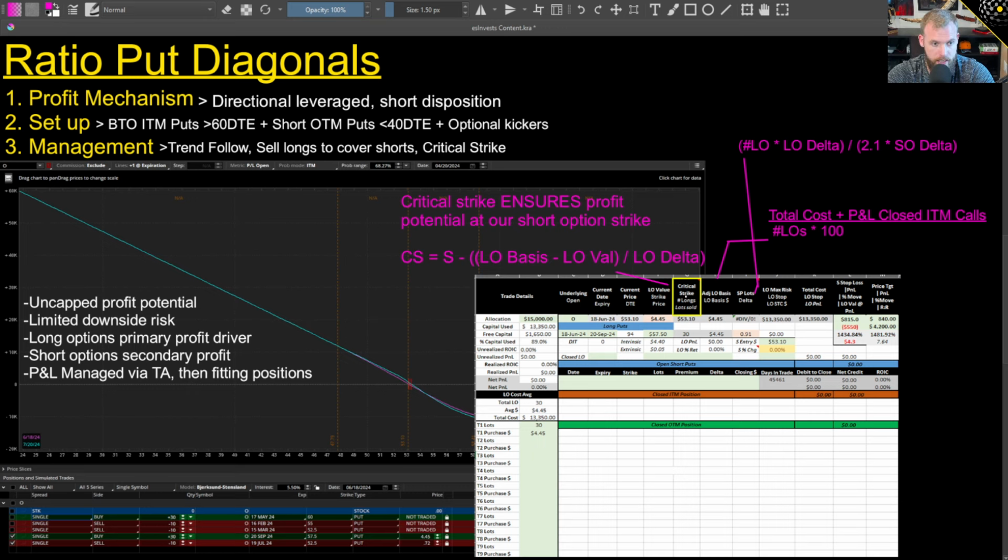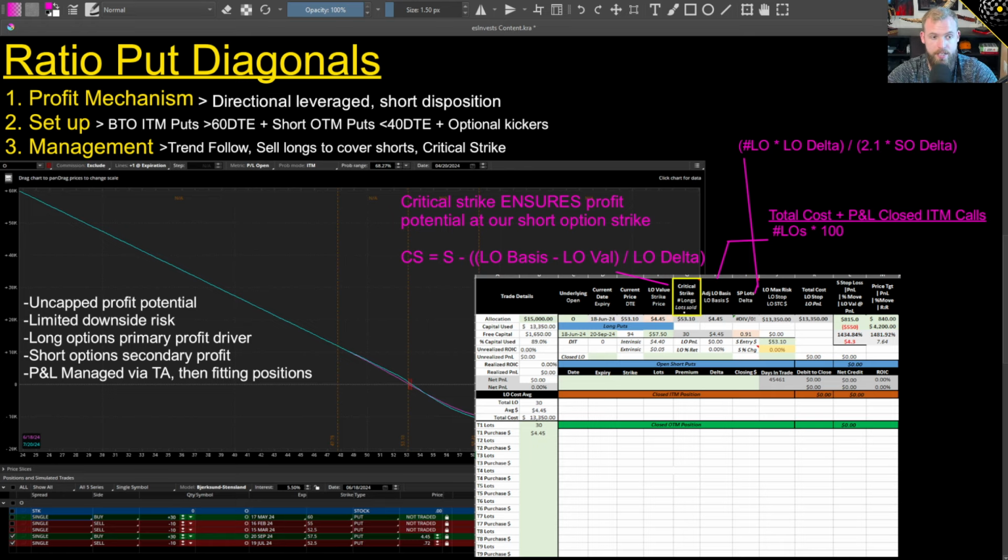The critical strike tracks the overall position so that we know where we can sell short puts against the longs without potentially locking in a loss. That's the purpose here. At the beginning of the trade, you can sell pretty much anything at the money.